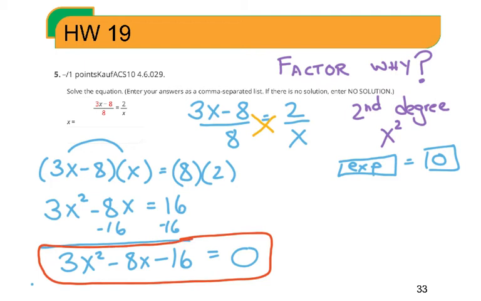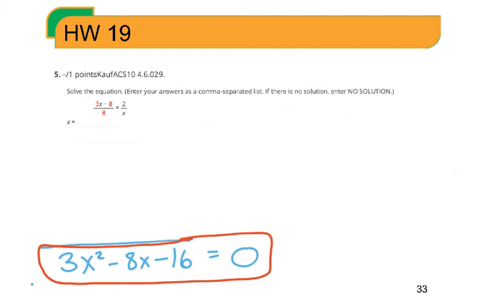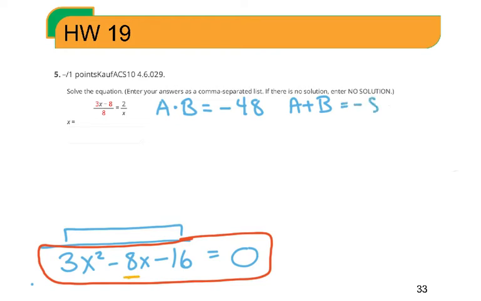Okay, so I go to a new page here, and I don't want to guess and check. I'm going to use our factoring by grouping. So capital A times capital B needs to equal what? 3 times negative 16, which is what? 48? Negative 48. And A plus B has to equal the middle coefficient, negative 8.